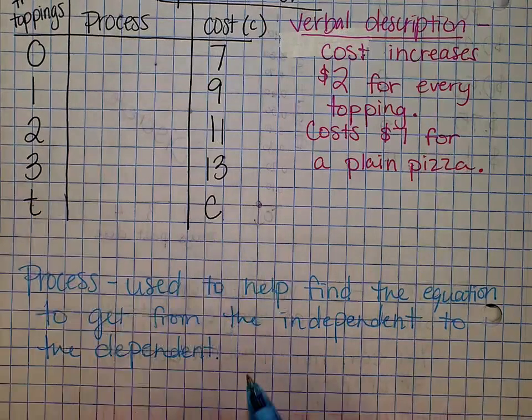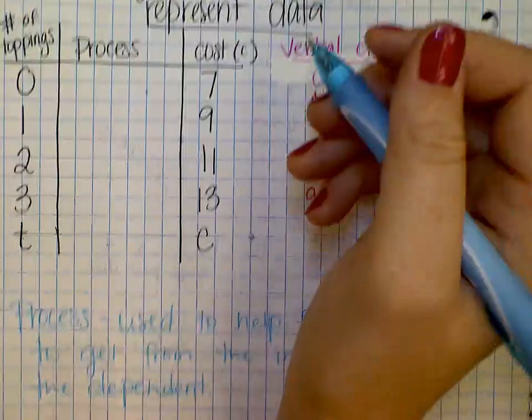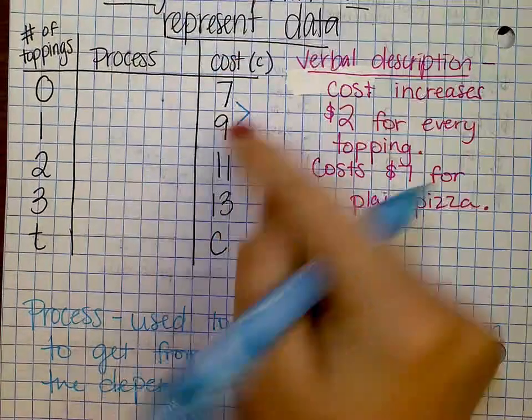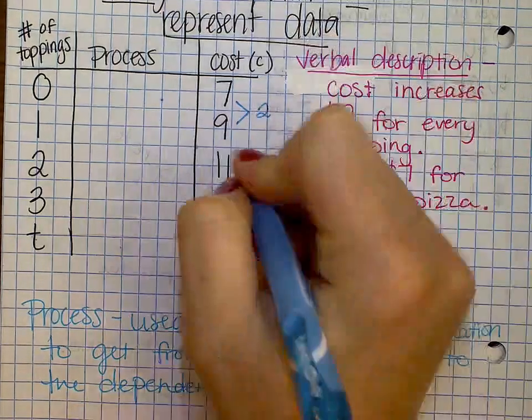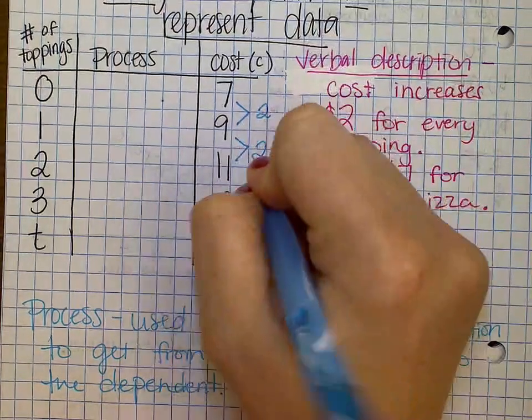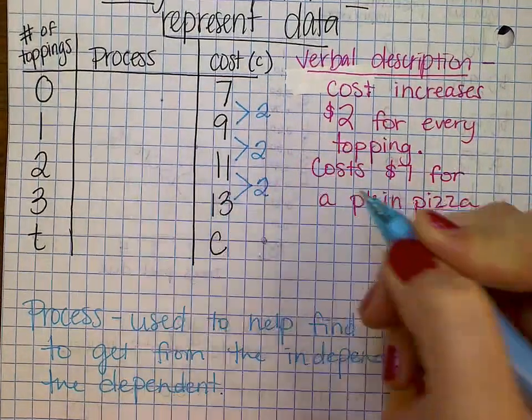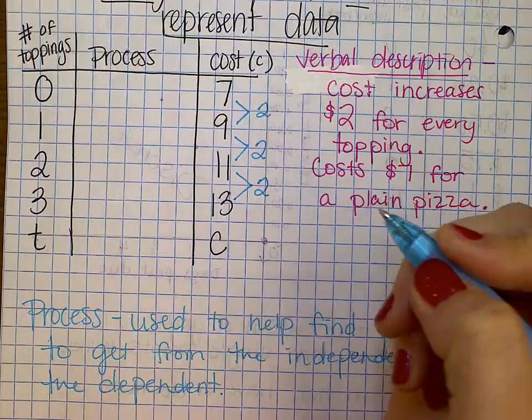So the first thing that you're always going to see me do is write out. So from 7 to 9, it increased $2. From 9 to 11, it increased $2. From 11 to 13, it increased $2.